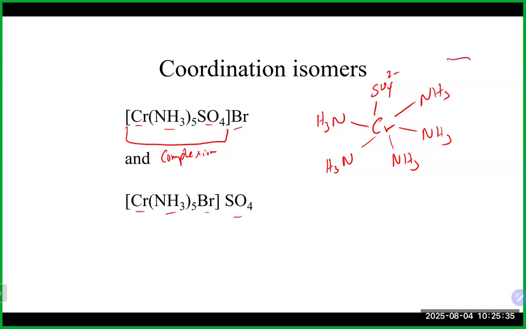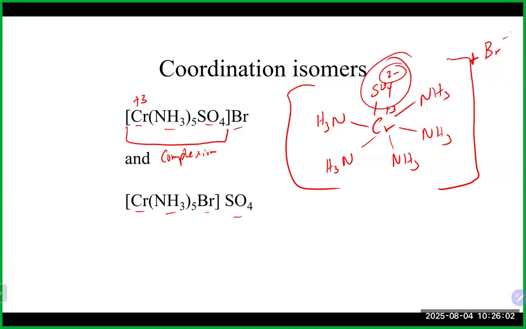In this first case, it is the bromide that is the counter ion balancing this out, as this chromium has a +3 charge. This +3 charge and the -2 charge there gives this complex ion a +1 charge. In this case, the sulfate is part of the complex ion, while the bromide is the counter ion.